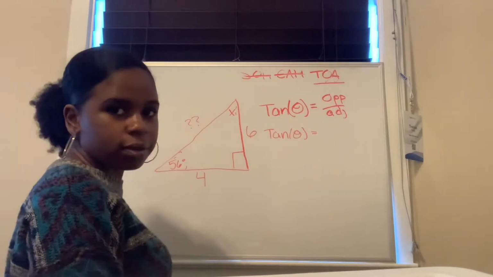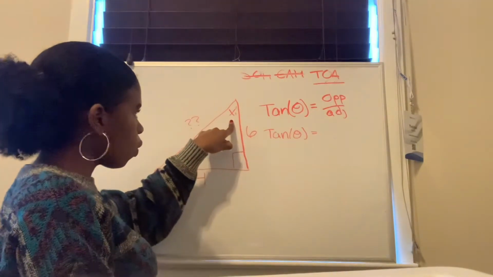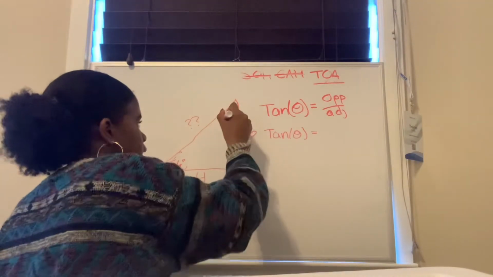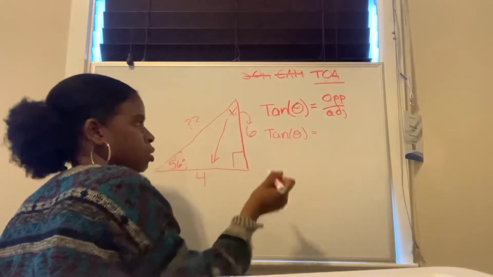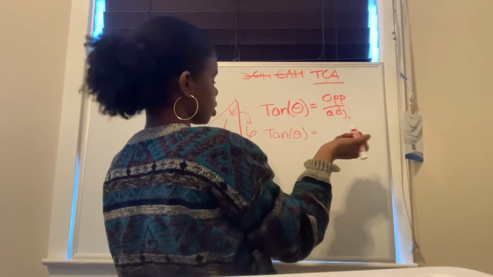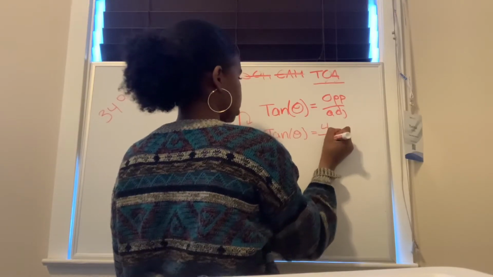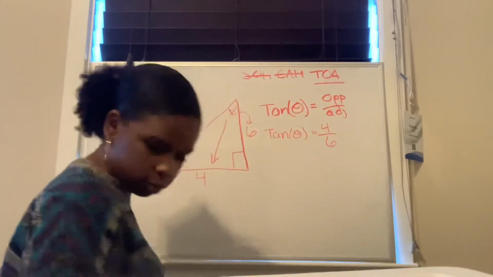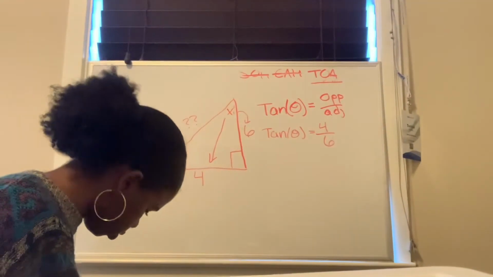All right, well, now that we're doing this angle, things change. The opposite is now 4 and the adjacent is now 6. Okay, so let's see. Opposite 4, adjacent 6. We didn't change anything because we still don't have the hypotenuse.